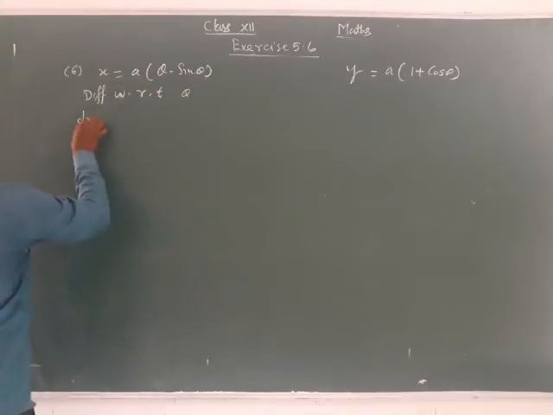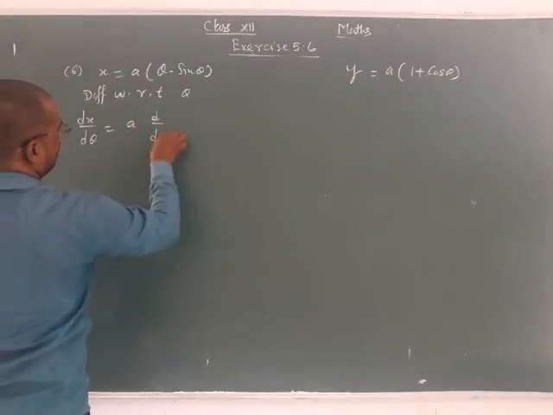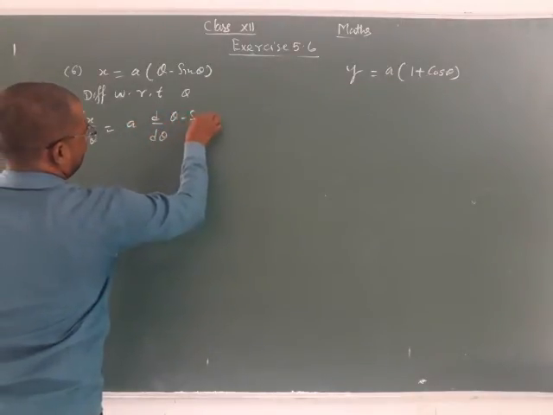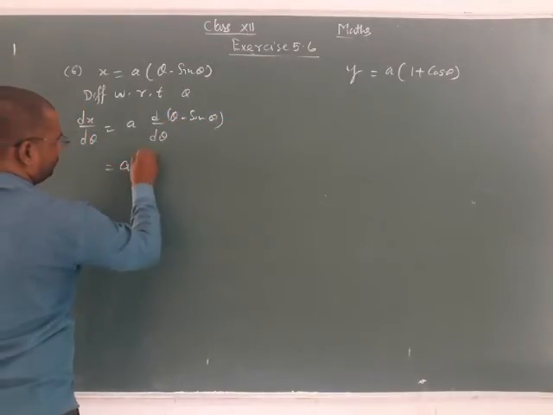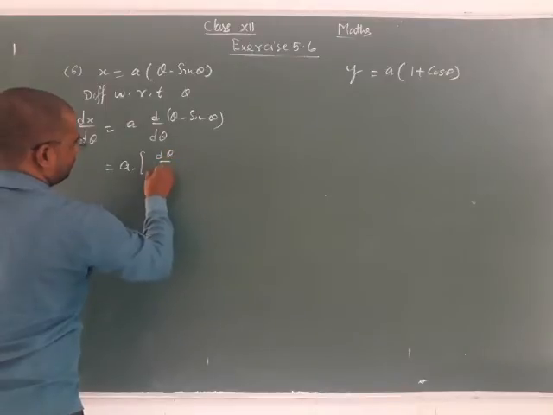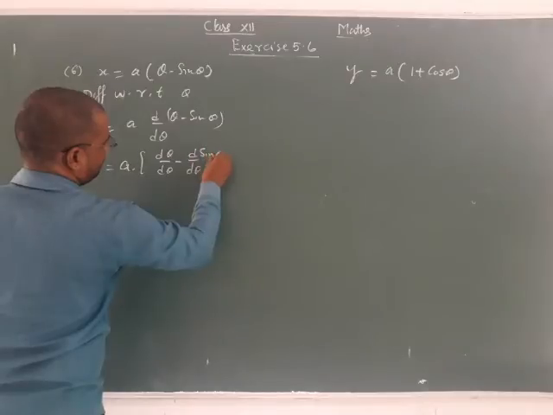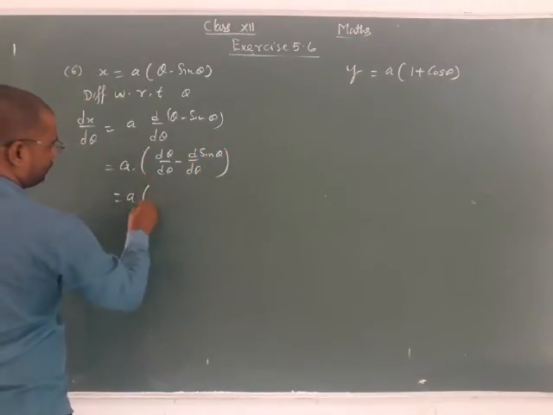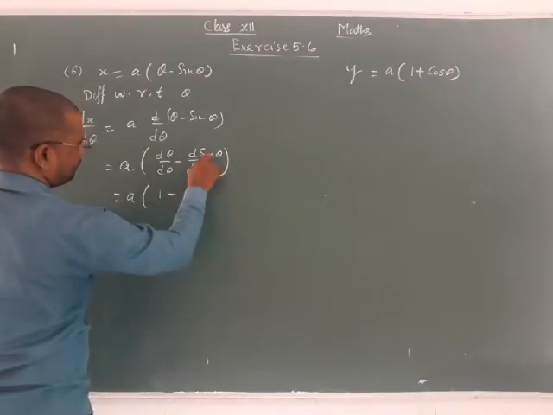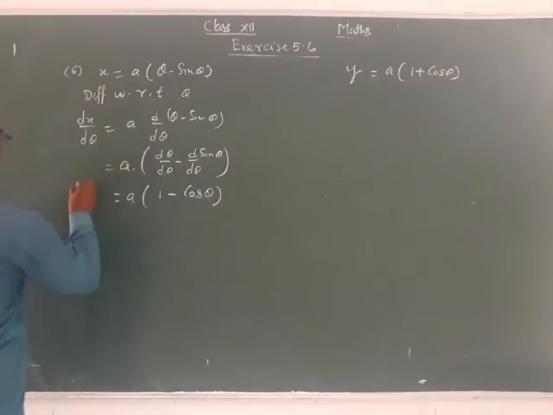Now dx upon d theta is equal to a d upon d theta of theta minus sin theta. So a, now d theta upon d theta minus d upon d theta of sin theta. So a into 1 minus derivative of sin theta, which is cos theta. This is dx upon d theta.